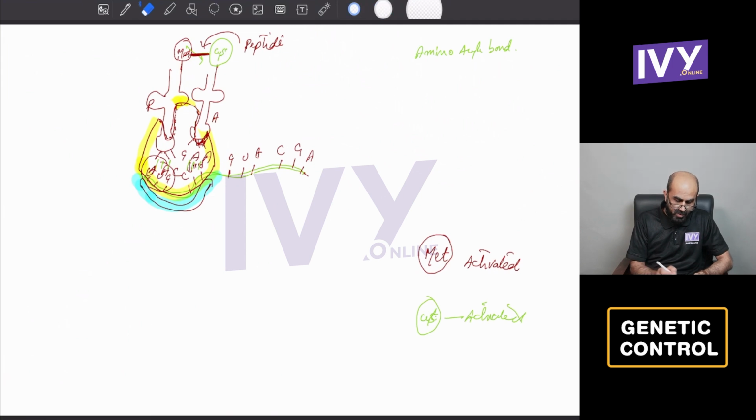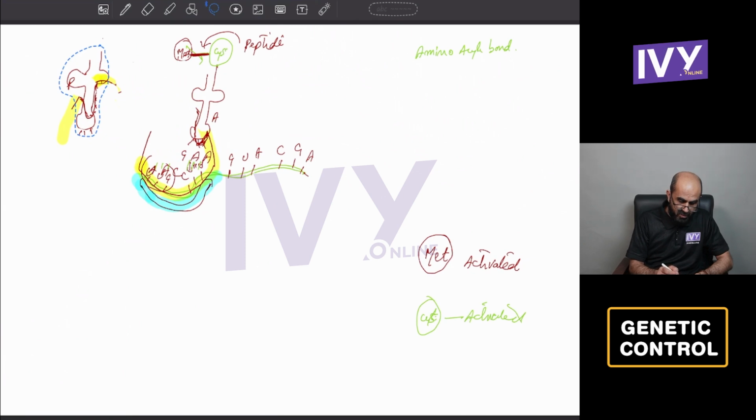Now the situation will be like this. These bonds have been broken, and they just have the unpaired bases again. Now this tRNA molecule will leave the P site. The P site will become empty now.